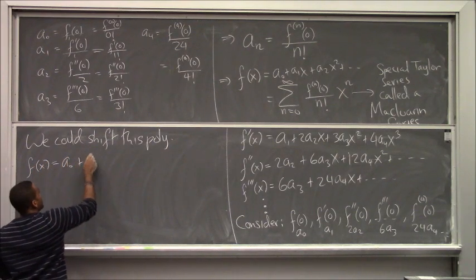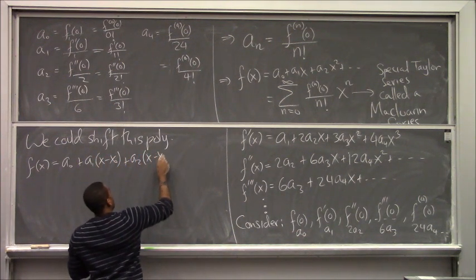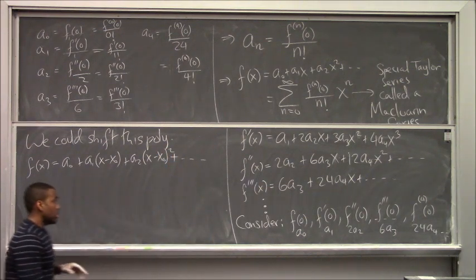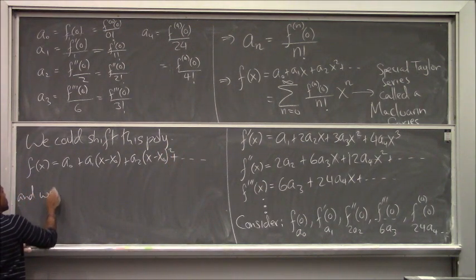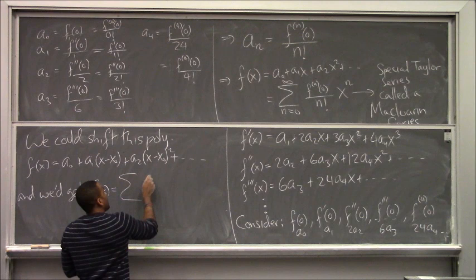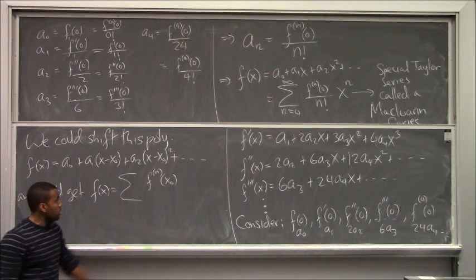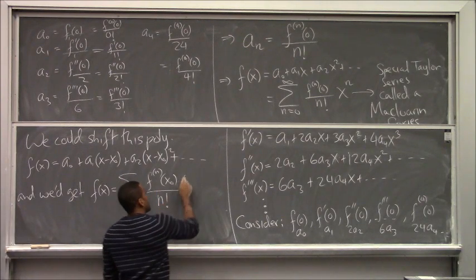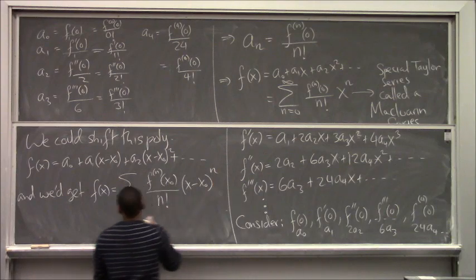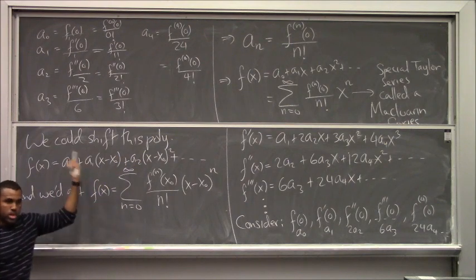Let's say it's a constant plus a1 times (x minus x naught) plus a2 times (x minus x naught) squared plus etc. And you get f of x equals the sum of f to the n evaluated at x naught, because plugging in x naught would create the zeros, over n factorial times (x minus x naught) to the n. And so I would be able to express this function as a series in the event that I can find the derivative an infinite number of times.